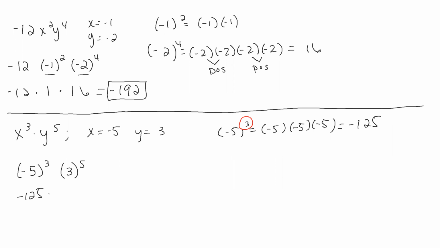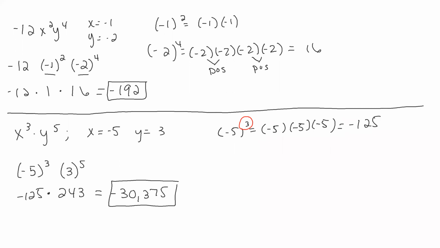Okay. Now 3 to the fifth, my base is positive, so I don't have to worry about any of the sign rules. And 3 to the fifth just so happens to be 243. So now I want to multiply those out. -125 times 243 is -30,375. And there you have it.